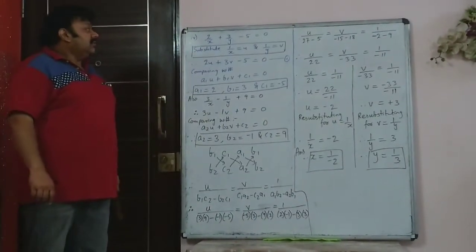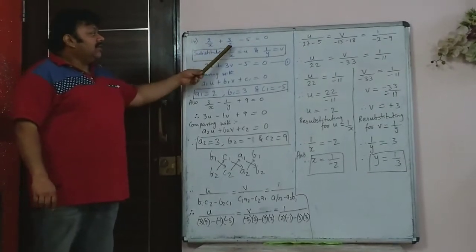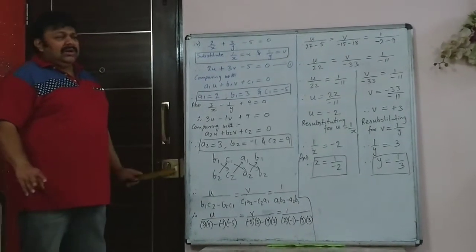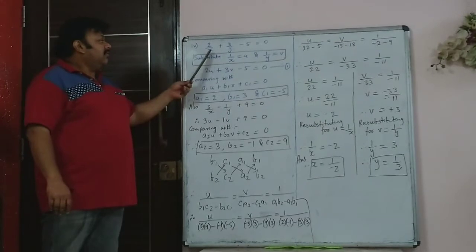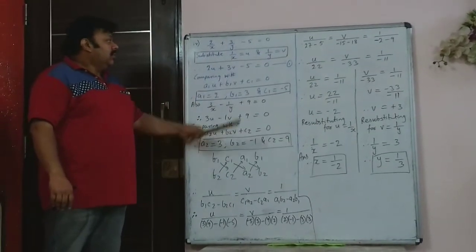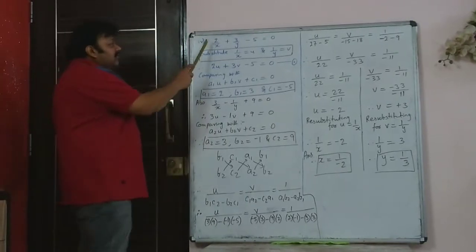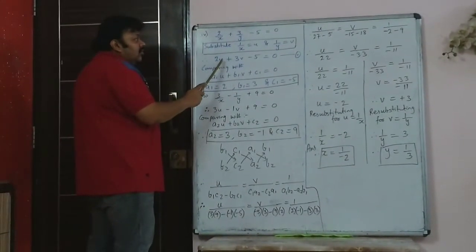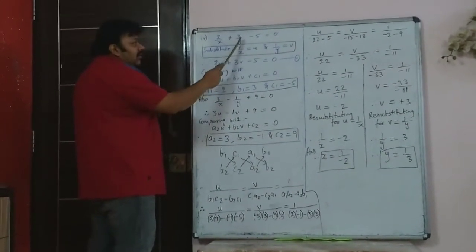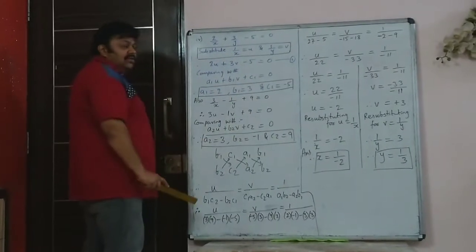See, now this question, you have got x and y in the denominator. But nothing to worry, we will replace 1 by x is equal to u and 1 by y we will write it as v. So the equation will become 2u plus 3v minus 5 is 0.